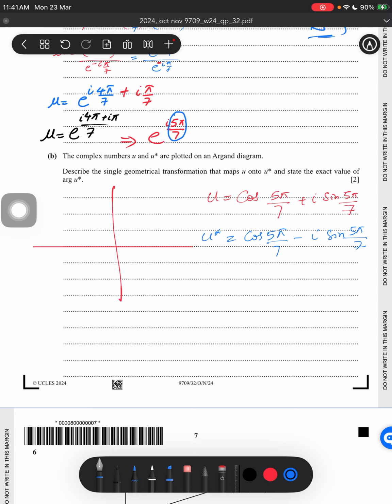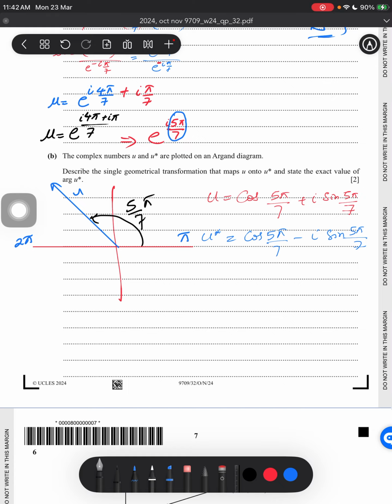If the angle is positive, it starts from here till here. If you have positive 5 pi by 7, u would be here, measured anticlockwise from the real axis.